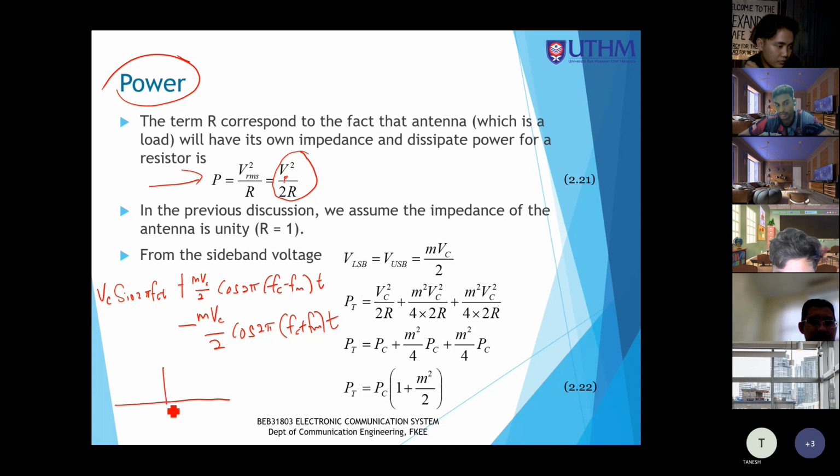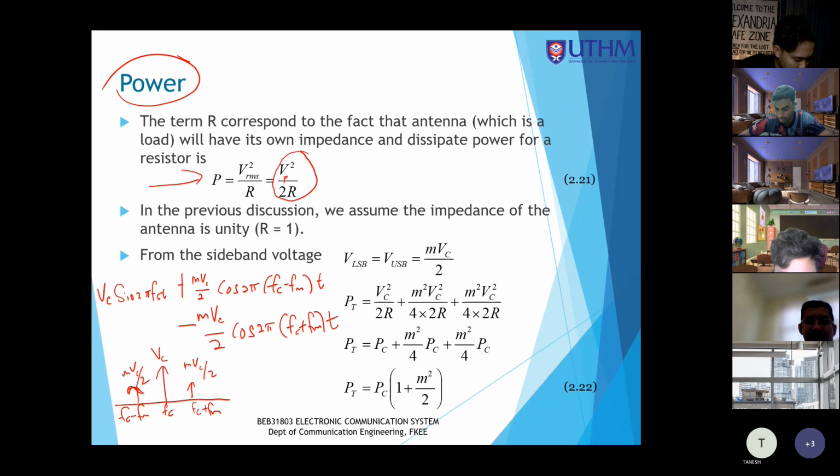Kalau kita lukis dia punya spektrum, kita nampak tadi ada 3. Remember that kita ada 3 frekuensi komponen di sini: fc plus fm, fc, dan fc minus fm. Dia punya amplitude adalah Vc, yang ini mVc per 2, mVc per 2.